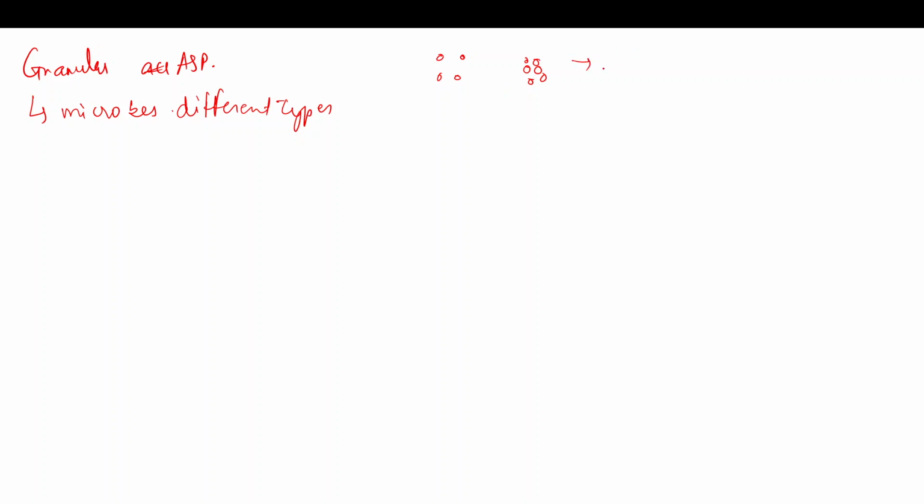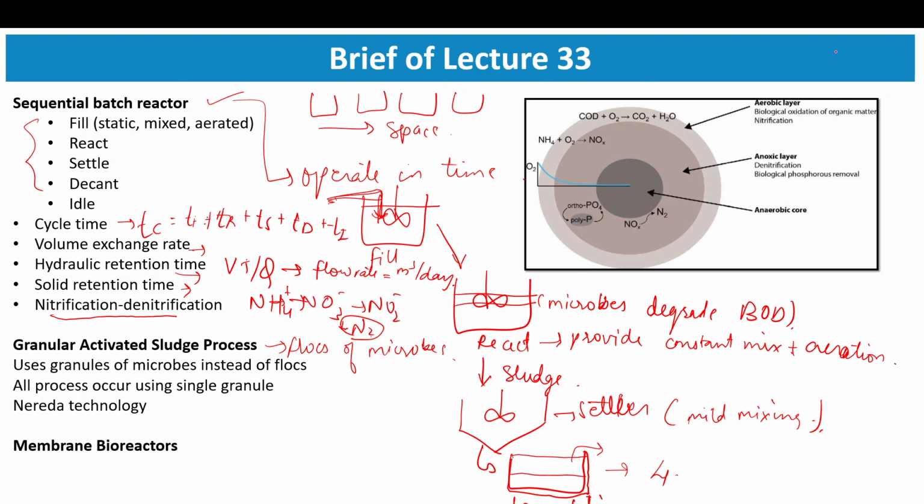After that, they secrete some extracellular fluid, and that fluid keeps the microbes intact, and it grows into a denser mass. It grows bigger over a period of time, and a granule of microbes is formed.